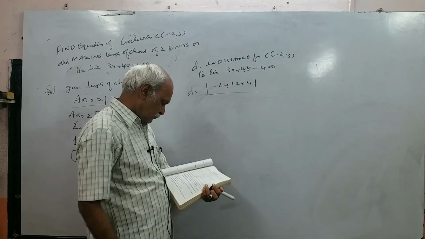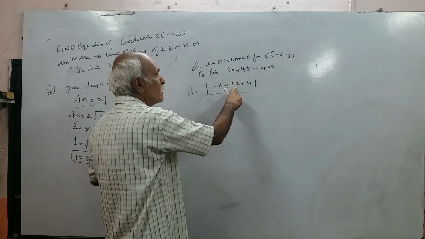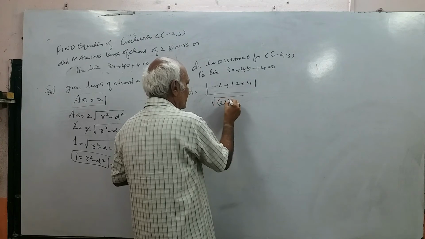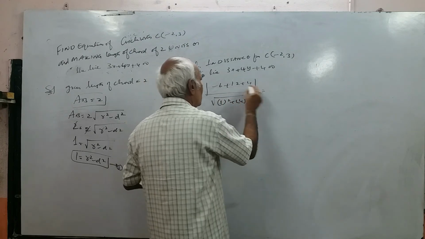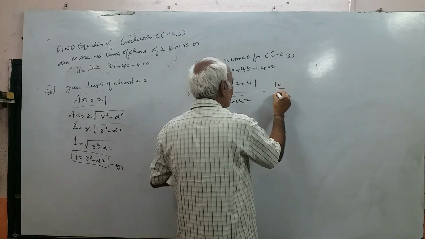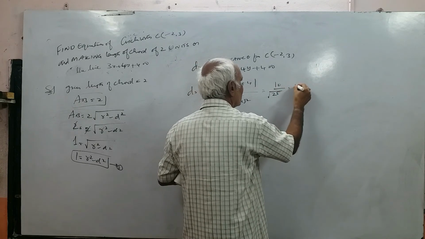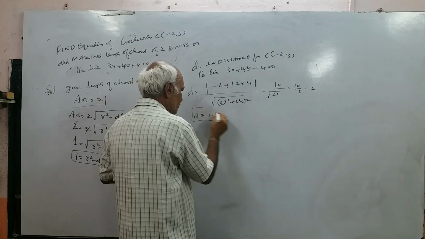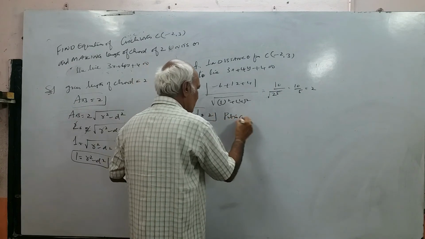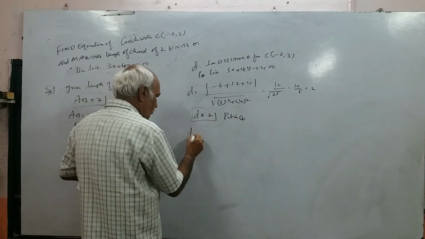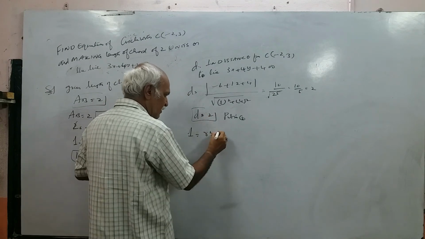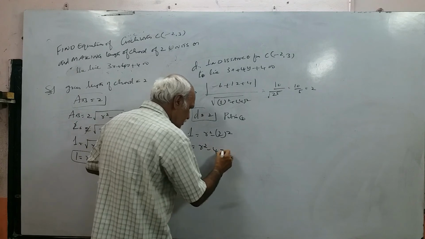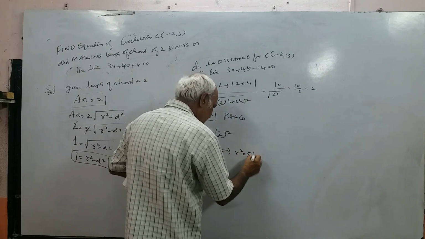So it becomes minus 6 plus 12 plus 4, by root of 3 square plus 4 square. So 16 minus 6 is 10, by root 25 which is 5, which is 2. So what is the d value? 2. Put it in 1. 1 is equal to r square minus d square. d square means 2 square. So 1 is equal to r square minus 4, which will give you r square is equal to 5.